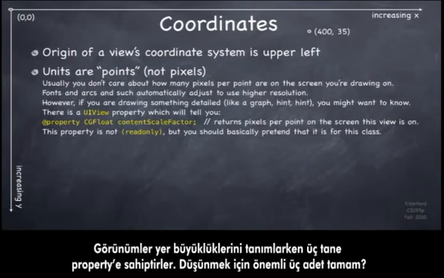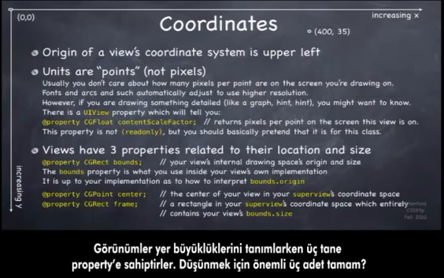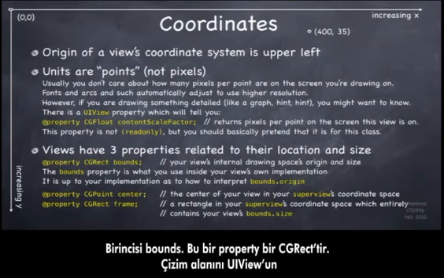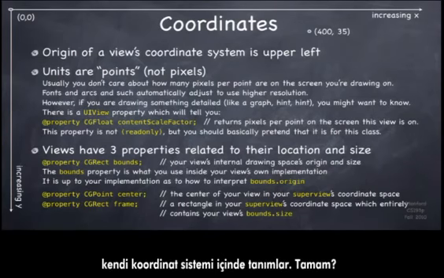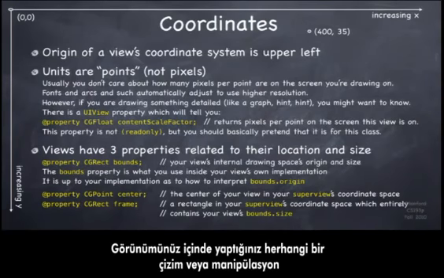It's all in points. Now, views have 3 properties that describe their location and size. Okay, 3 that are important to consider here, okay? One is bounds. It's a property, it's a CGRect. It describes the drawing area in the UIView's own coordinate system.